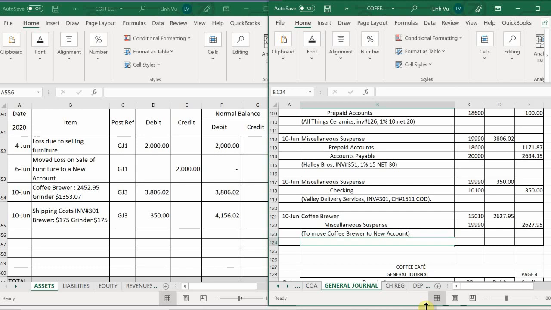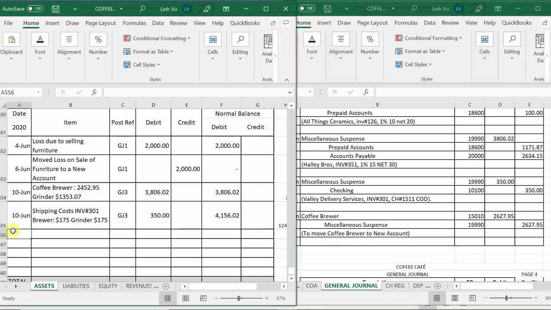Okay. Because that's all you're doing, right? You're moving it from one account to another. So now that I have that, let's go ahead and actually physically do it in my miscellaneous expense first and then transfer over into my coffee brewer account.